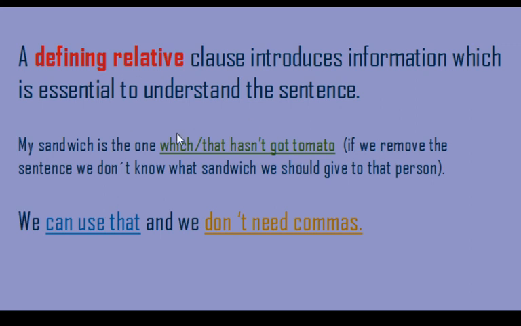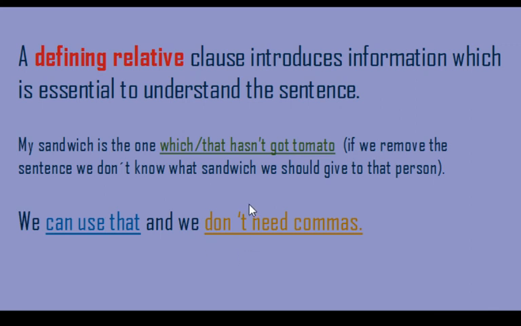So this defining relative clause cannot be removed. We cannot take it away without losing the meaning of the sentence. We won't be able to understand the sentence. And in this case, we can use that, okay, to substitute the which. So we can say which or that hasn't got tomato, it doesn't matter. And we don't use commas.